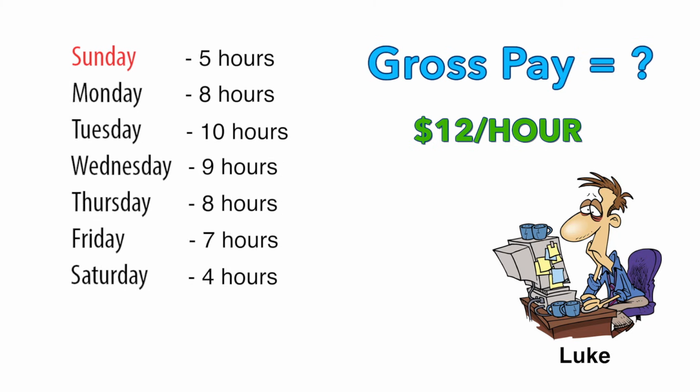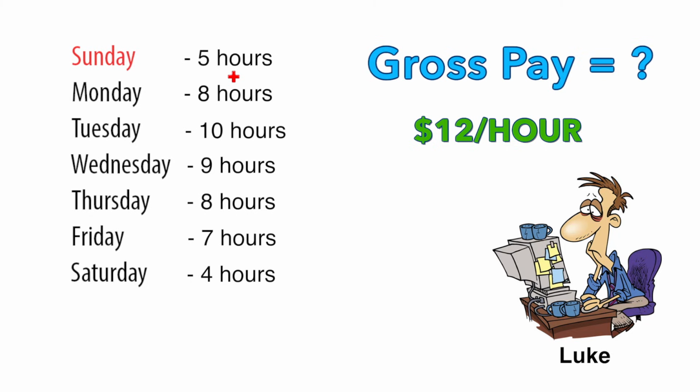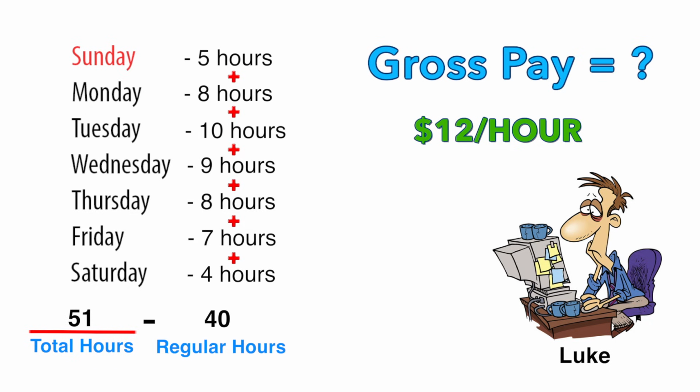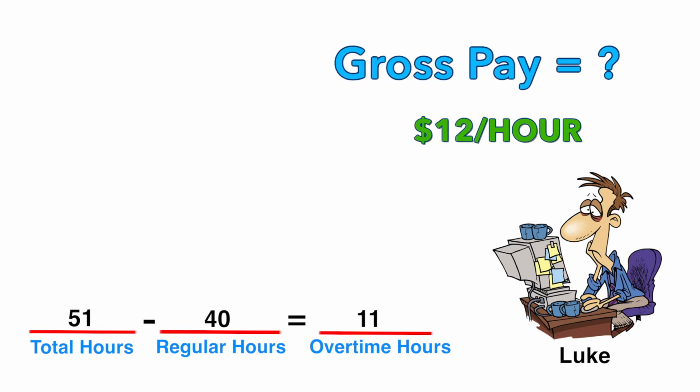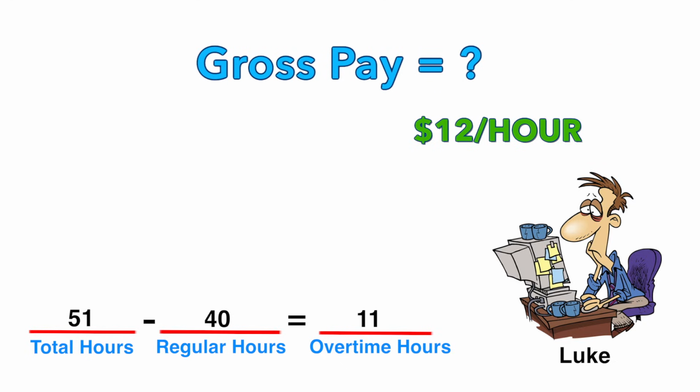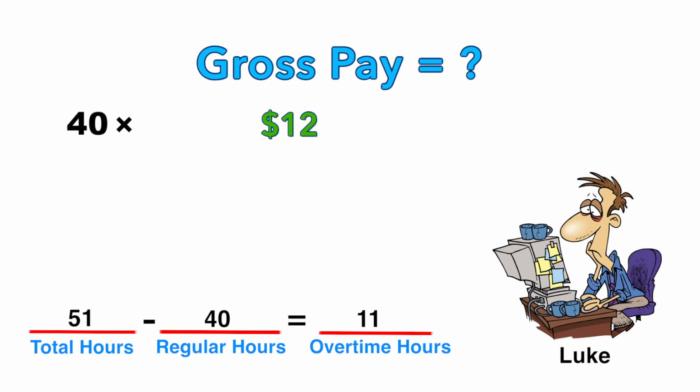The first thing we need to do is add up all of Luke's hours. Now we'll split it into regular hours and overtime hours. The first 40 hours are regular hours, and the remaining 11 are overtime hours. So we'll calculate Luke's gross pay by first multiplying his regular hours by his regular rate of pay of $12.